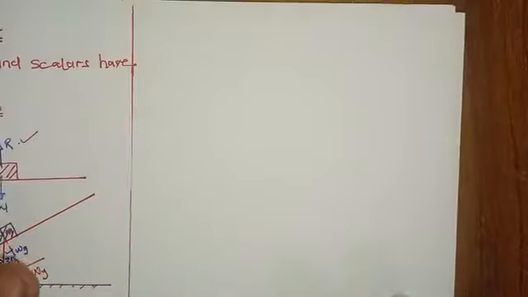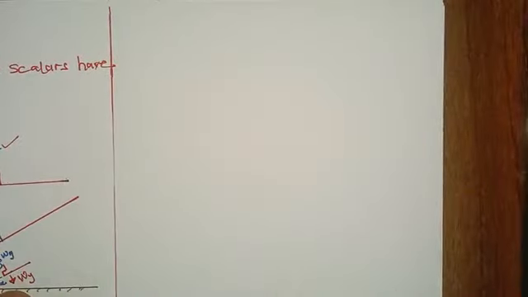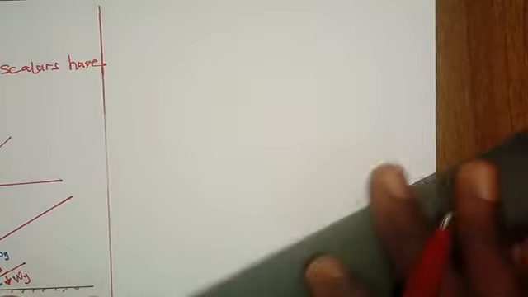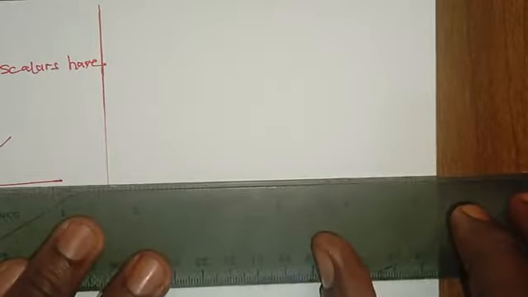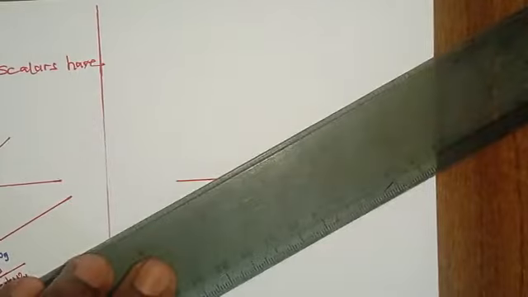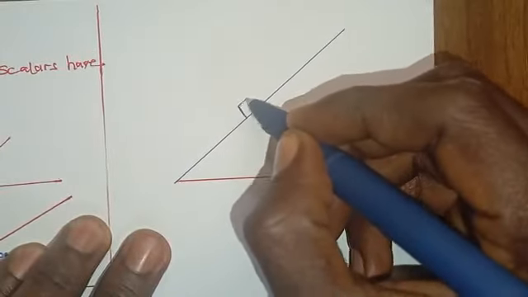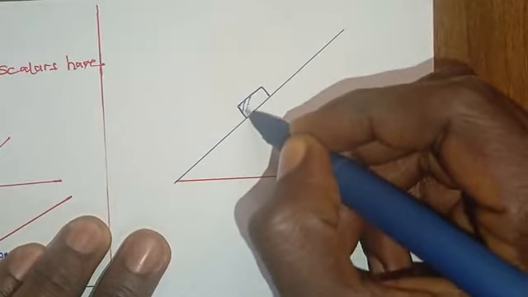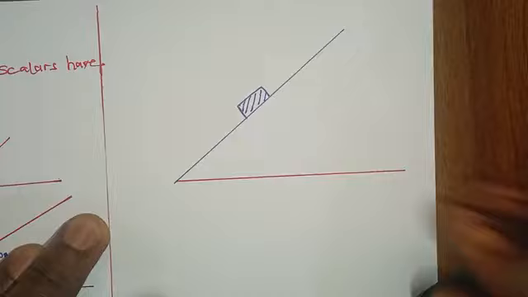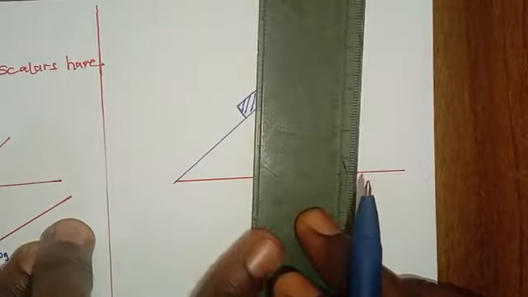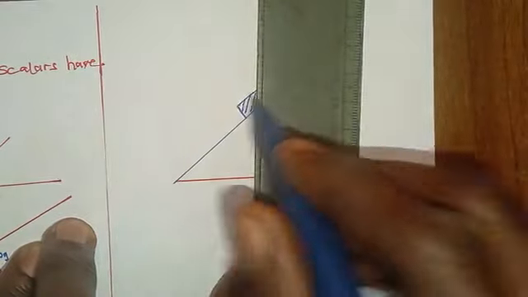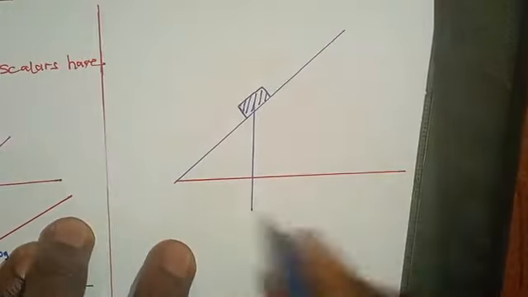So in a simple form, anytime you have this type of question, just draw the inclined plane, as simple as this. Put the weight here. A lot of questions can come from here, but if you know this basic, just draw the weight acting downward.